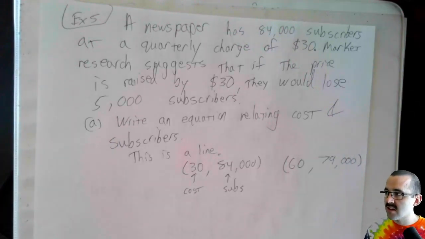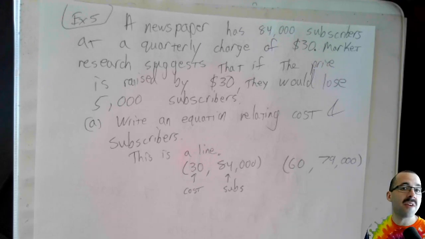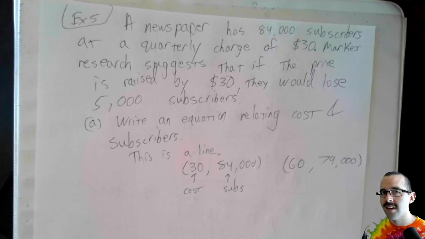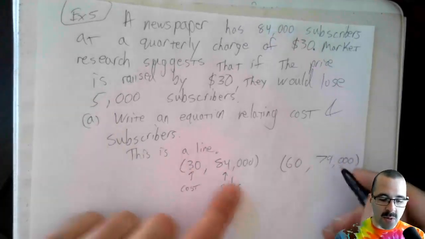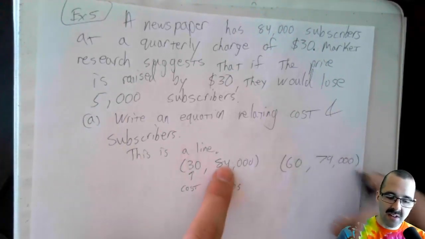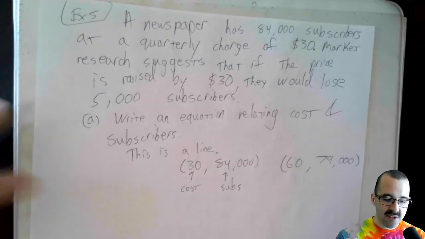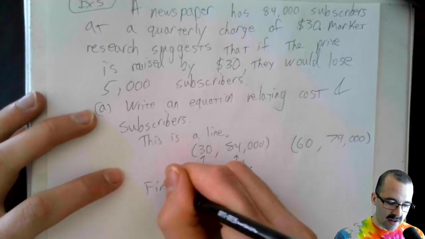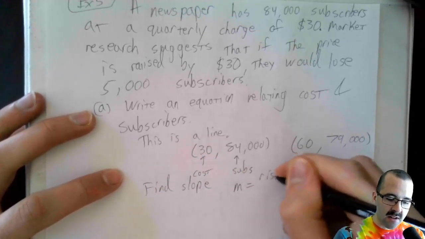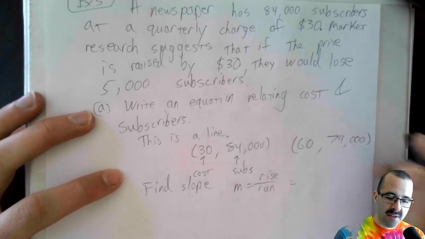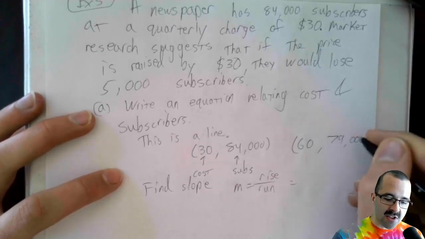That's one way to find the equation of a line. We have 2 points, we can find the slope and use slope-intercept form or point-slope form. There are a lot of different ways to find the equation of a line. The important thing is that once we get our 2 points, it becomes a little simpler. So let's find the slope. Remember that the slope m is the rise over run. So it's going to be the change in y.